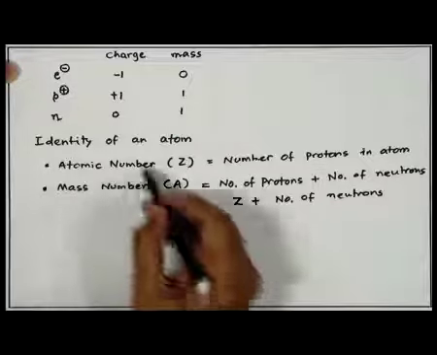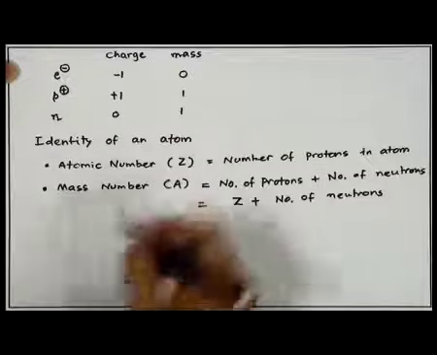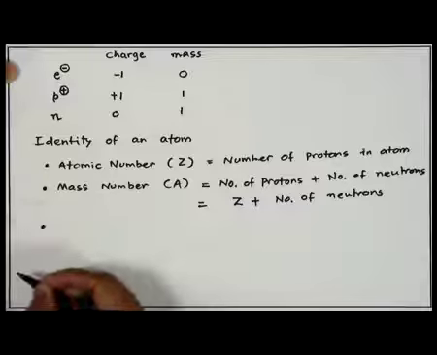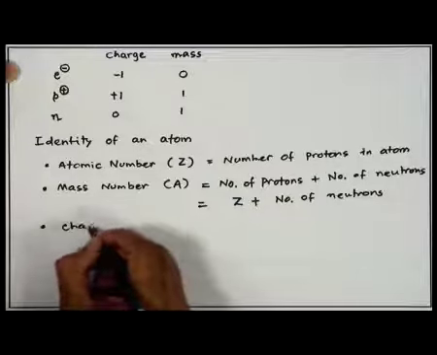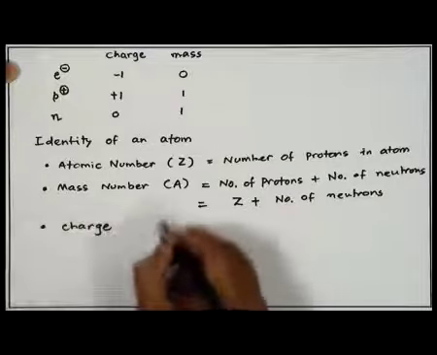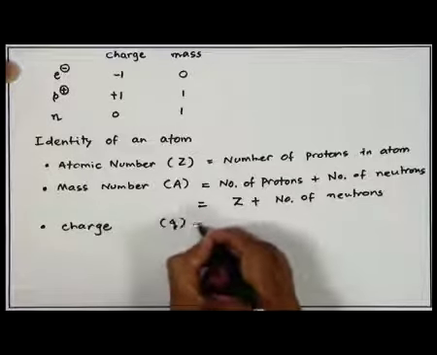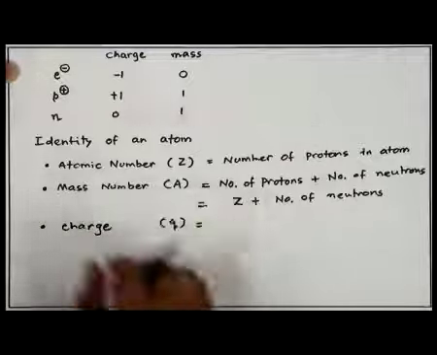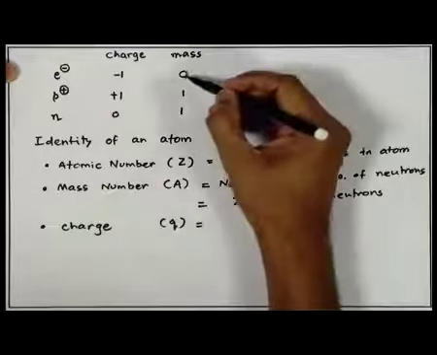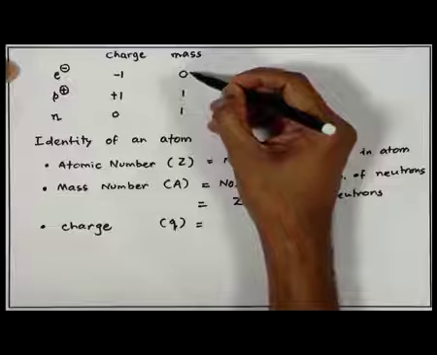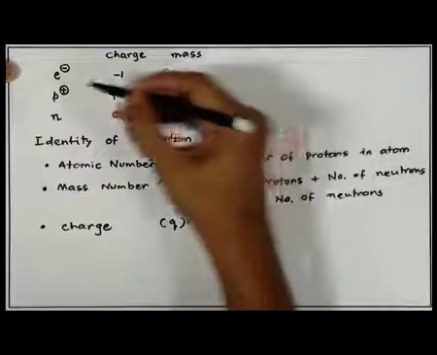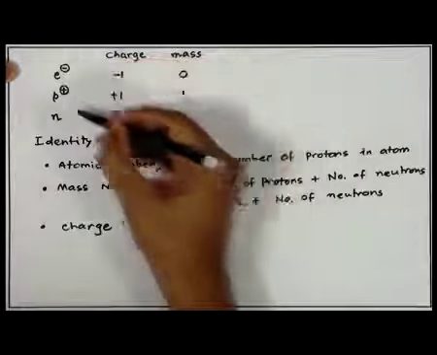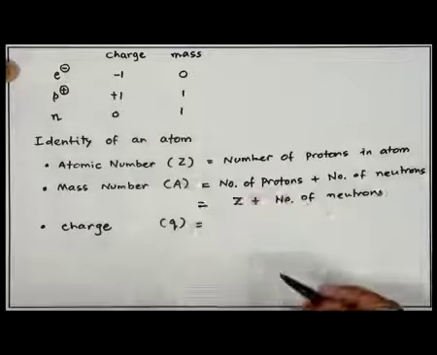These two are very important quantities, but in addition to them we also require another quantity, and that is the charge on the atom. Let us call it by small q. How do I determine the charge? Why do I have charge in the atom? Because I have two different types of charged particles in the atom. One is the electron, which is negatively charged, the other is the proton, which is positively charged.